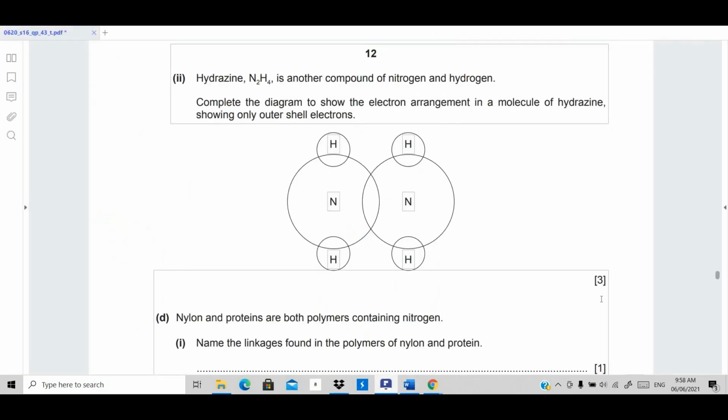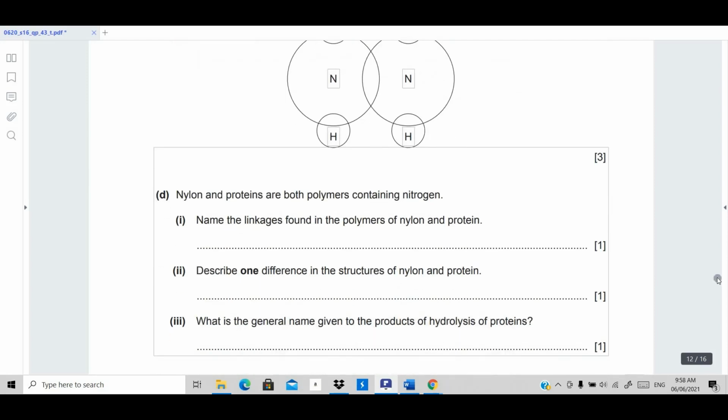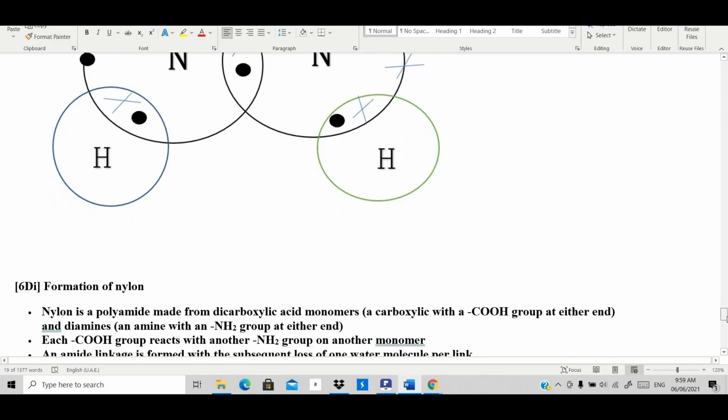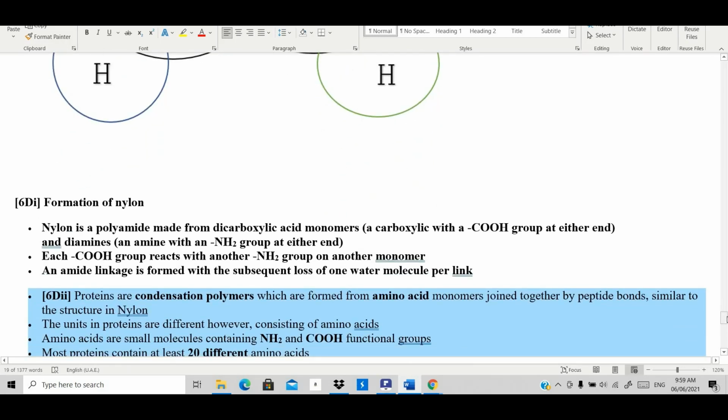Now I'll move on to the next part. Nylon and proteins are both polymers containing nitrogen. Name the linkages found in the polymers of nylon and protein. Is it an ester link or an amide link? Nylon is a polyamide, made from dicarboxylic acid monomers and diamines. Each functional group will react with an NH2 group on another monomer, and an amide linkage is formed.